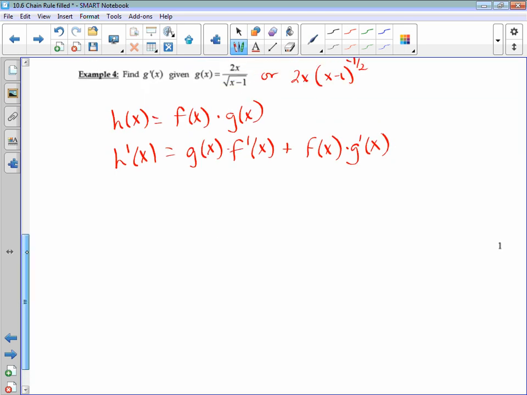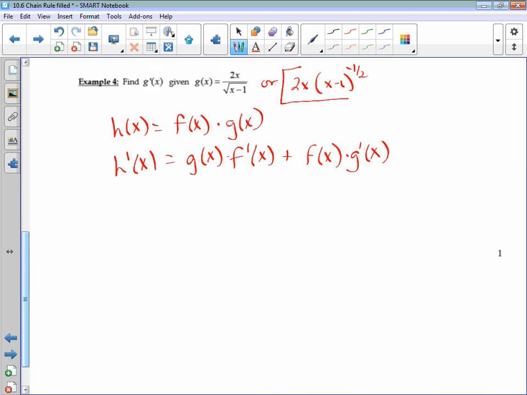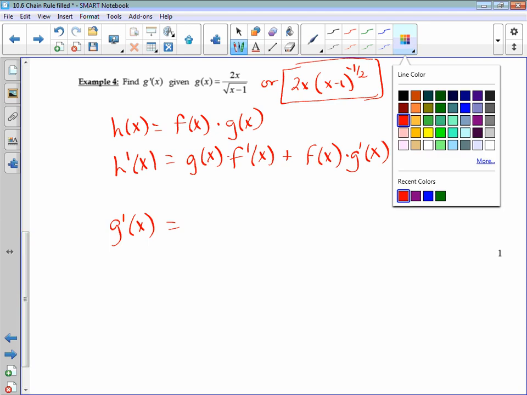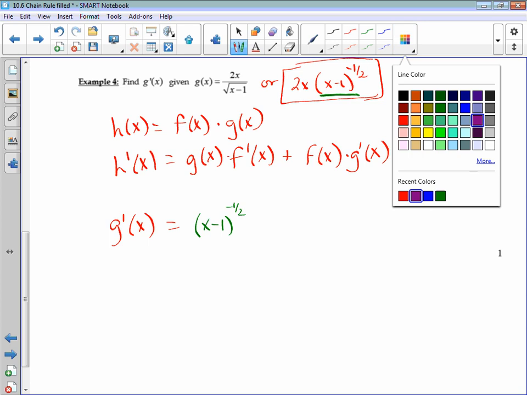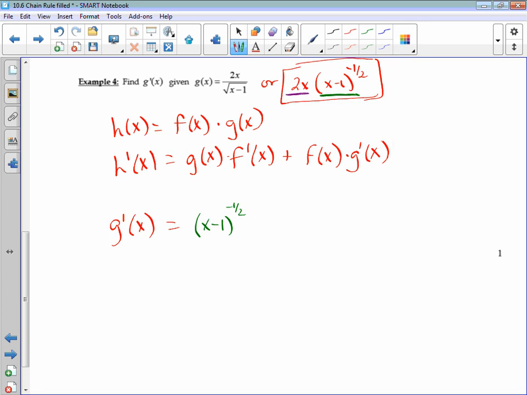So I'm going to go with this one just because I think it's easier. So for me, I know our letters are switching here, the derivative of our g. So I'm going to start with, just leave this one alone. Okay. And then it's going to be times the derivative of this one.